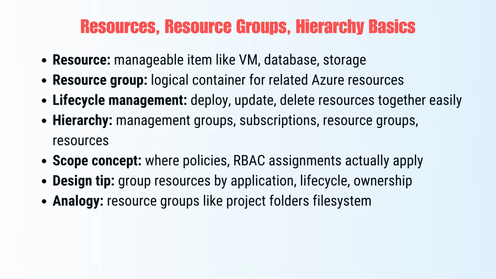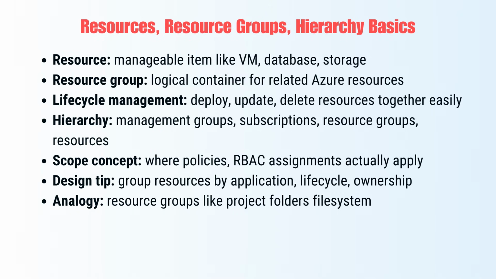The Azure scope hierarchy goes like this: management groups, subscriptions, resource groups, resources. Policies and access permissions, like RBAC, can be applied at any of these levels, and they inherit downwards. If you assign a role at the subscription level, by default it applies to all resource groups and resources inside that subscription.